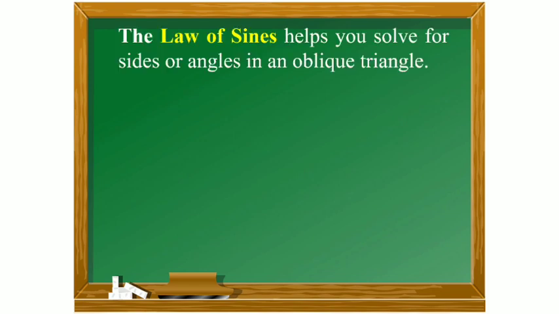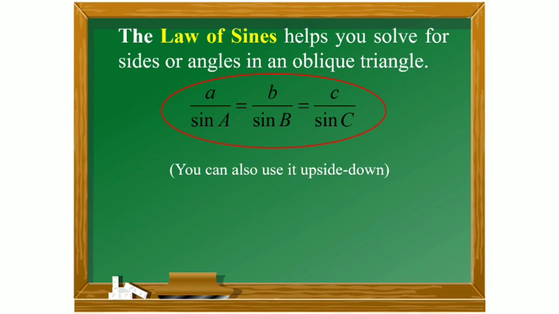The law of sines helps you solve for sides or angles in an oblique triangle using this formula: side a over sine A is equal to side b over sine B is equal to side c over sine C. You can also use it upside down: sine A over side a is equal to sine B over side b is equal to sine C over side c.